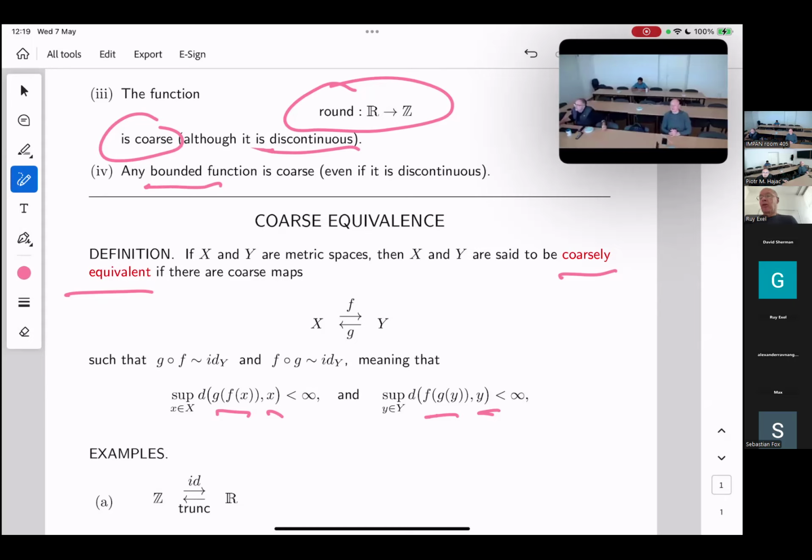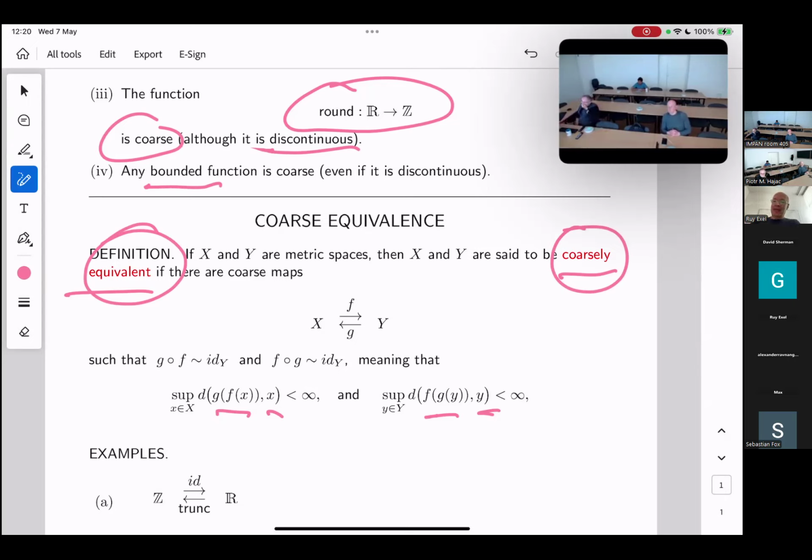Right, so I'm using this notion of equivalence of functions in order to define the notion of coarse equivalence. Coarsely equivalent means that you can find two functions such that the compositions are close to the corresponding identities.